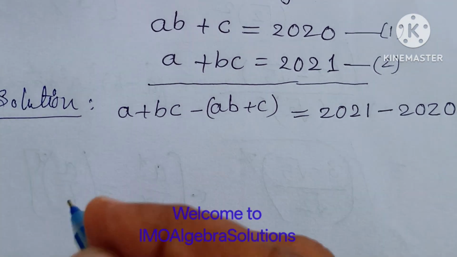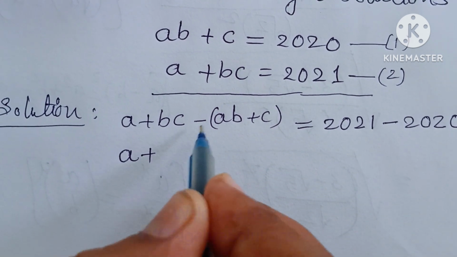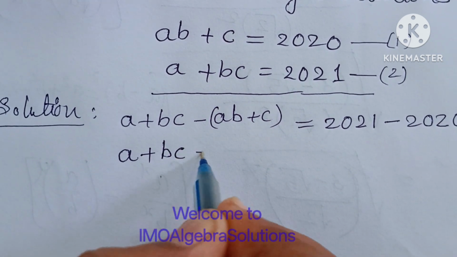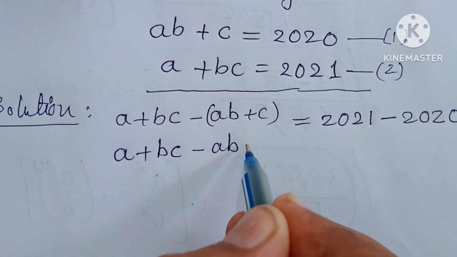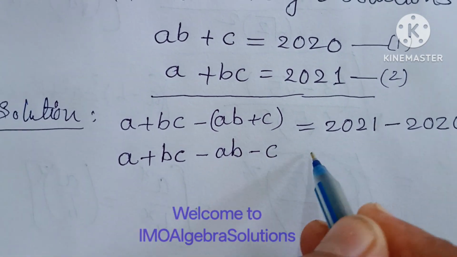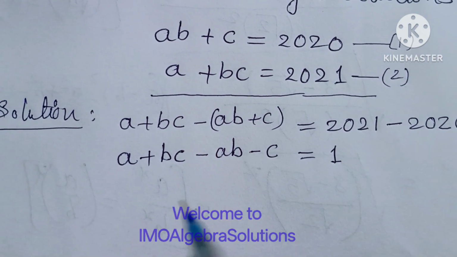Then here A plus BC minus AB minus C equal to 2021 minus 2020, that is 1.